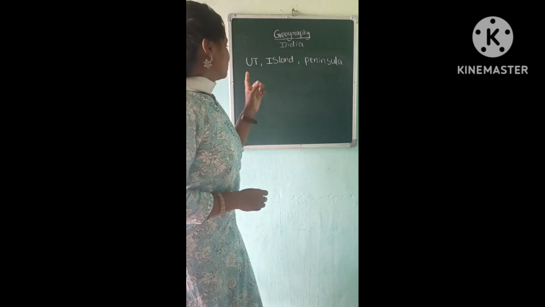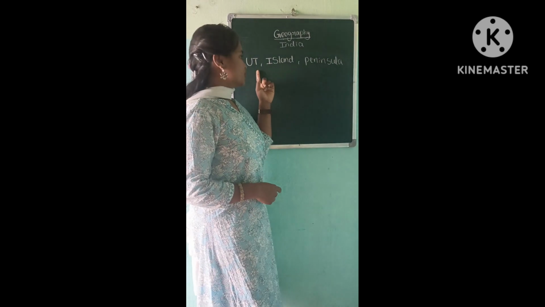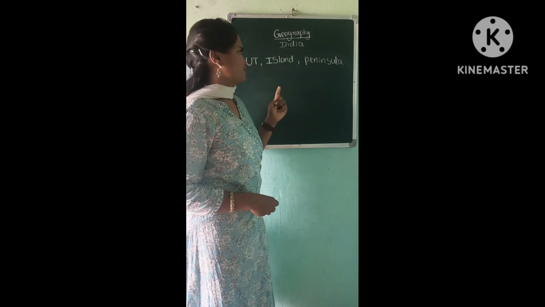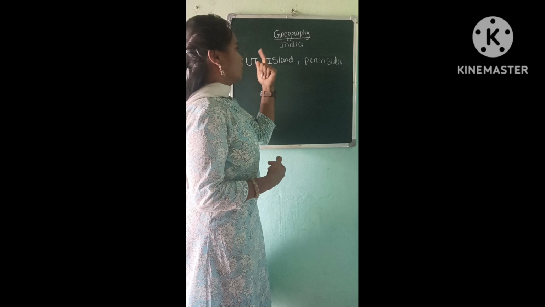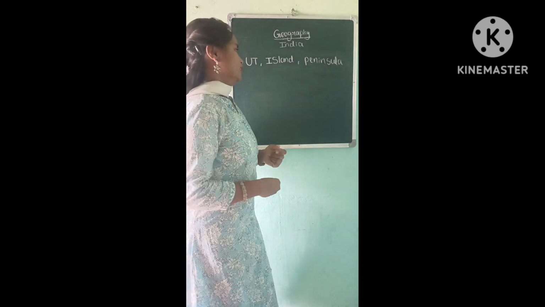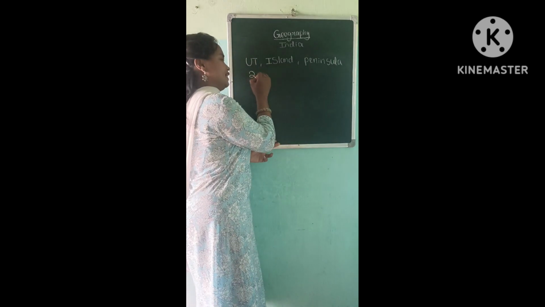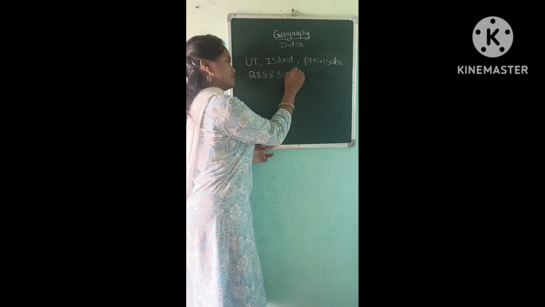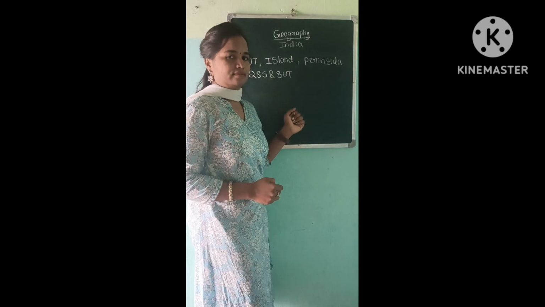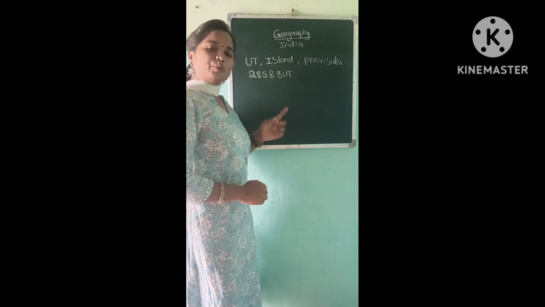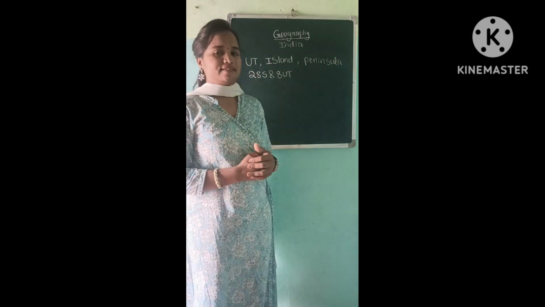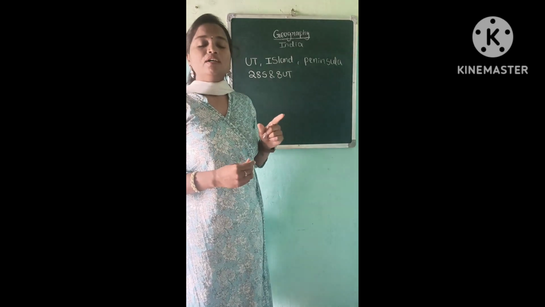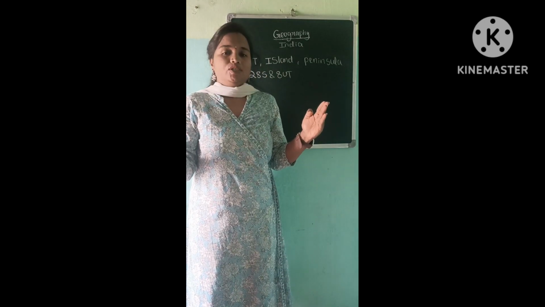Now, let us know the difference between UT, island and peninsula. These are the 3 important terms which we must learn while learning Indian geography. We have 28 states and 8 union territories, as I said earlier, right? Why are there UTs in addition to states? What is the reason? Because UTs are not big enough to make a state.